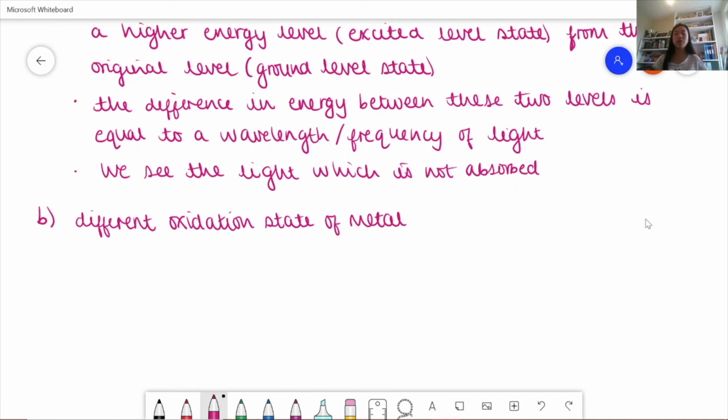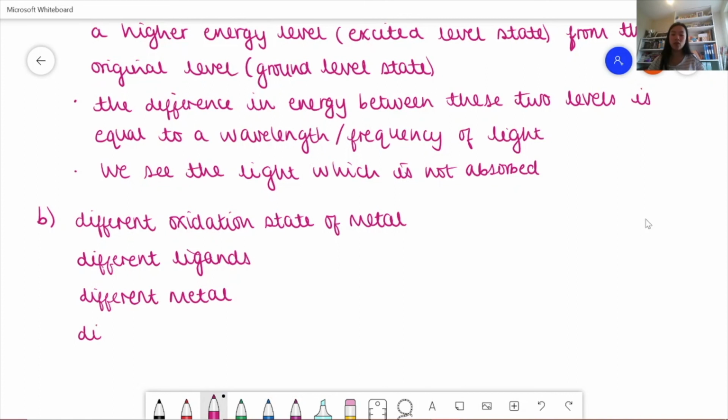And then secondly, we have different ligands. We can also say if we have a different metal altogether. And the last one is a different coordination number.